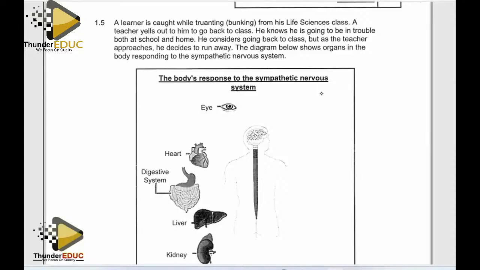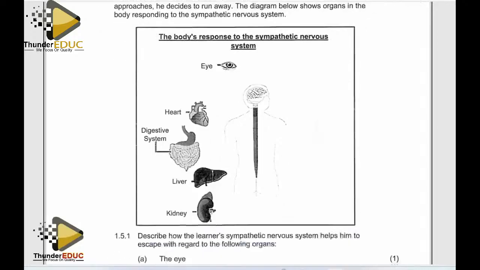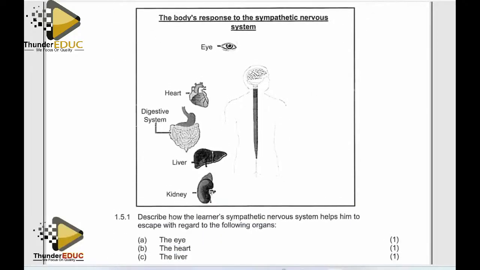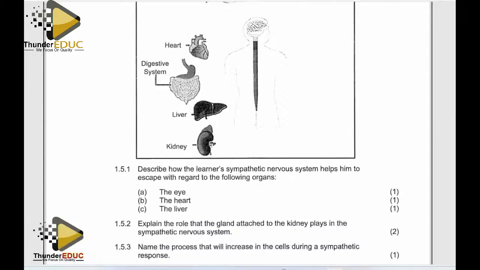The diagram below shows an organ in the body responding to the sympathetic nervous system. So this person took off so that he is safe. Describe how the learner's sympathetic nervous system helps him to escape with regard to the following organs.